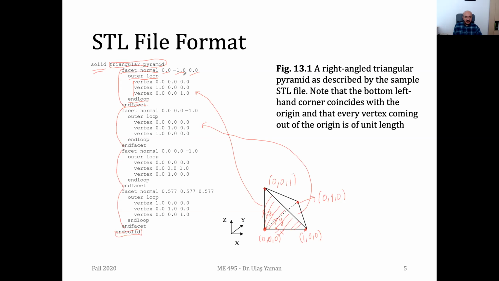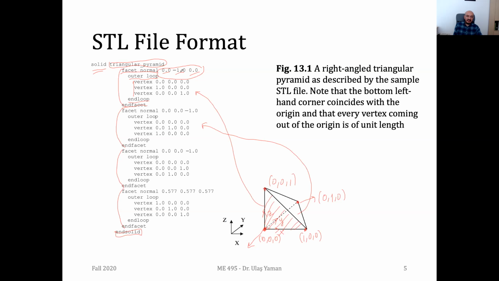And let's have a look at the normals, since I didn't focus on them yet. Let's have a look at this one. The front surface, its normal is 0, minus 1, 0, which means that the normal is in the minus y direction. Is it that? Yes. If you look at the front triangle, the front surface face, it should be directing towards the minus y direction.